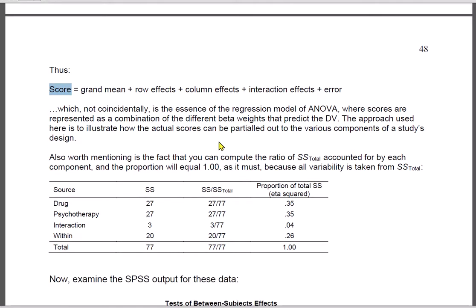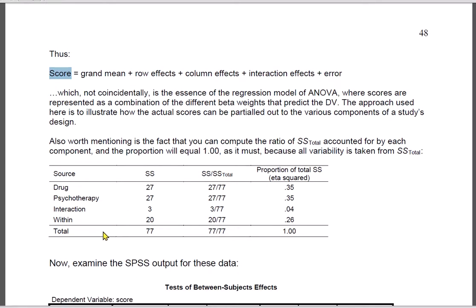One other point here that I'd like to cover, and then I can stop this particular instructional video. At page 48, I have a little bit of a discussion of eta squared. Eta refers to the Greek letter eta, which is used to specify the amount of variability or sum of squares in any given part of the model.